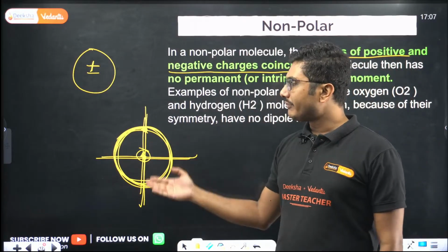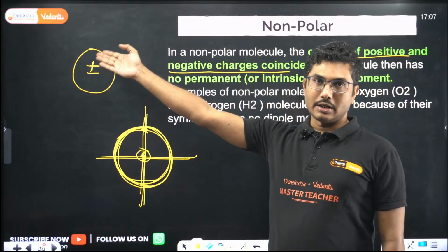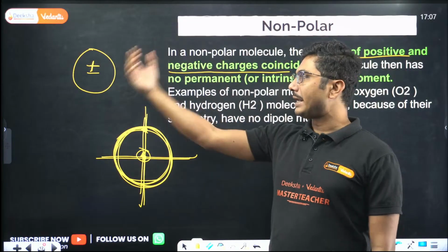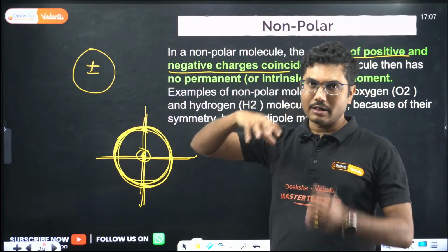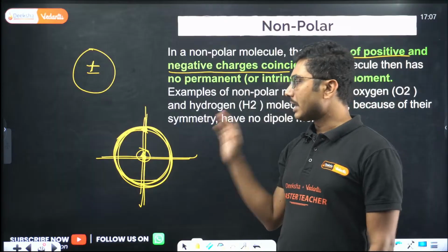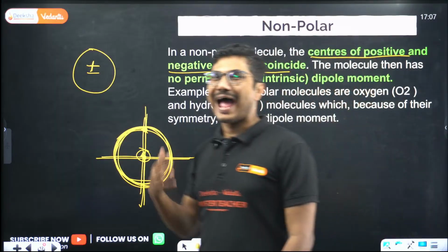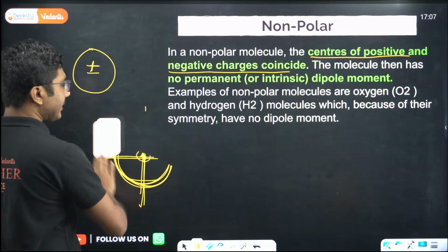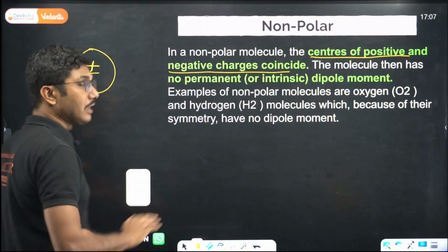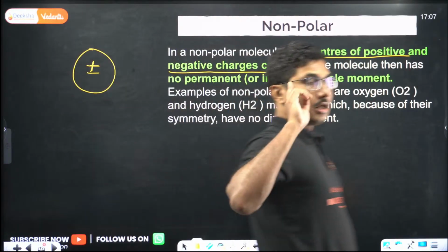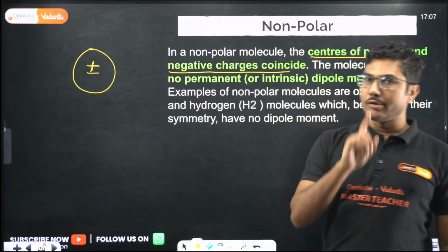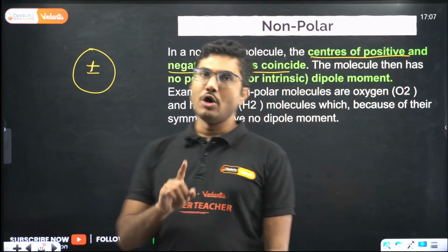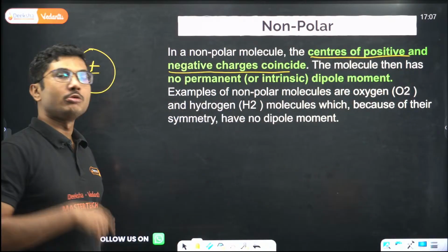Effectively, the positively charged nucleus and the negatively charged electron fall over one another. That's why they do not show any polarity or dipole moment. So the net dipole moment at the molecular level, very important, is 0, and that's why they are called non-polar.